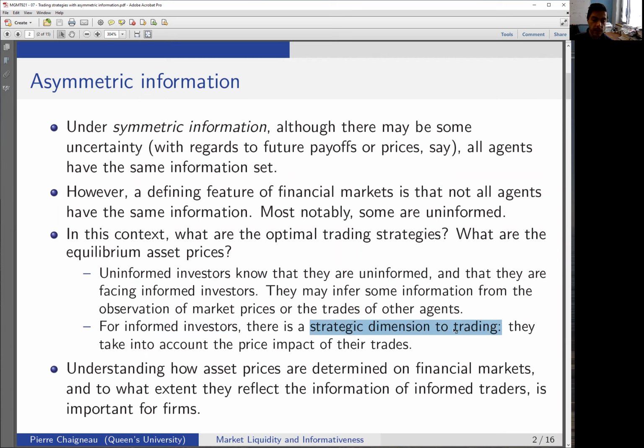Strategic means that when they trade, they will take into account the effect of their trade on the actions of other agents. Okay. And so based on that, they may change their trading. So in other words, they're going to take into account the price impact of their trades in this specific context. Okay, so we'll see what it means to trade strategically.